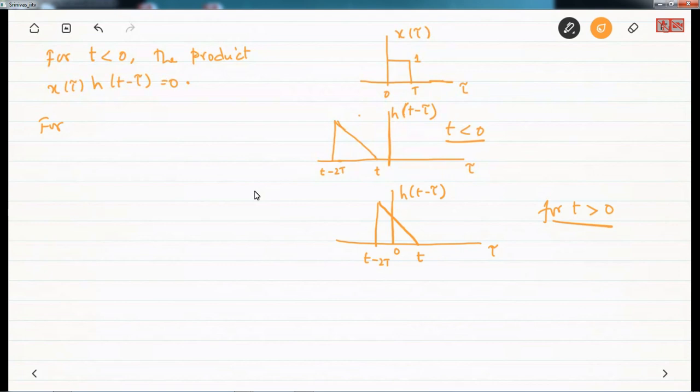When this is moving to the right, this overlaps partly with x of tau, and there will be some signal. But when it moves to t here, right? So let me write one more thing here.